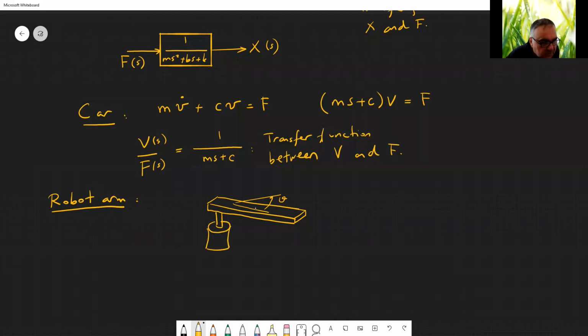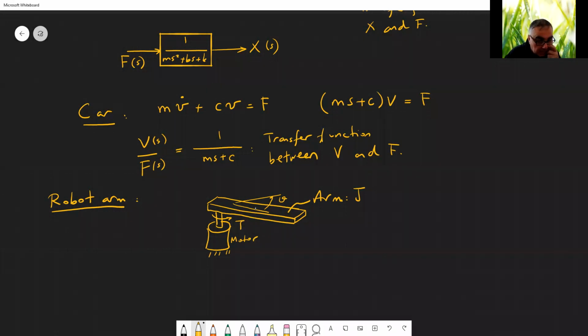and this motor applies a torque on this robot arm. It is an arm that rotates from one point to the other point by applying a torque. This arm has a mass moment of inertia of J, let's say.